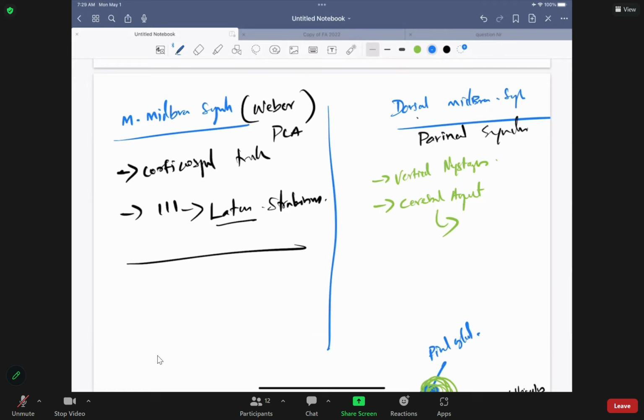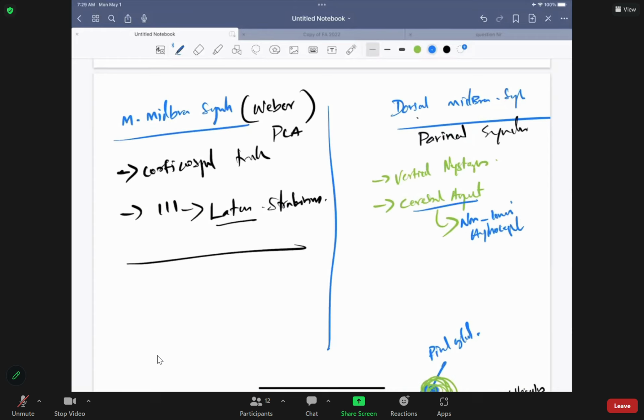Are you trying to give a hint, hearing loss? No. It's going to be non-communicating hydrocephalus. Is that what you're saying? All right. Non-communicating hydrocephalus. Because remember, when you compress the cerebral aqueduct, you are blocking the communication.